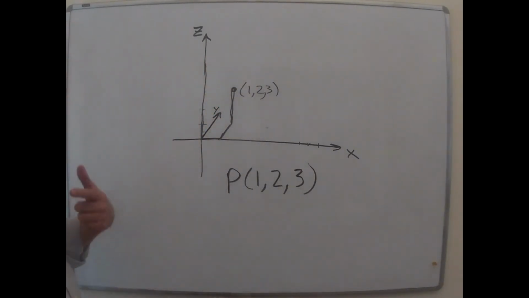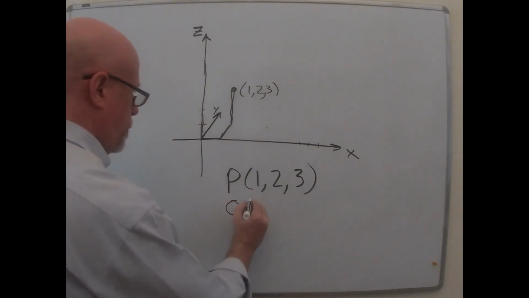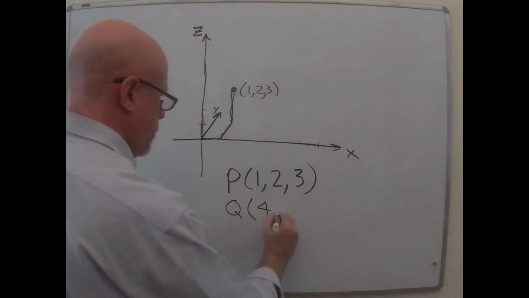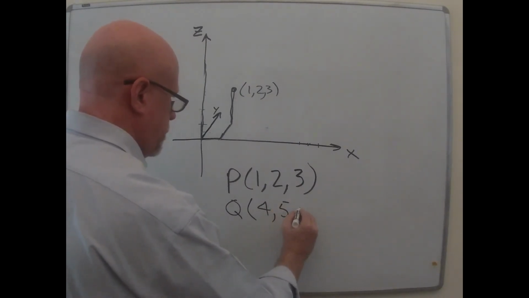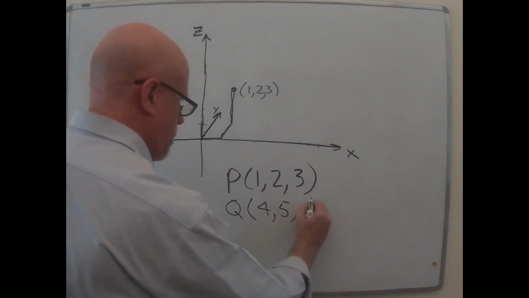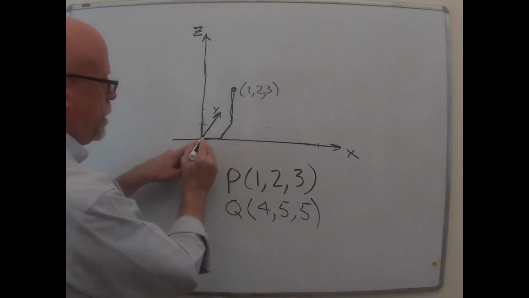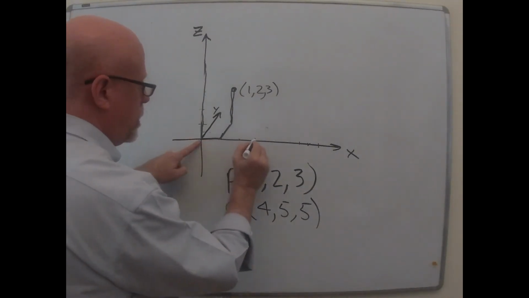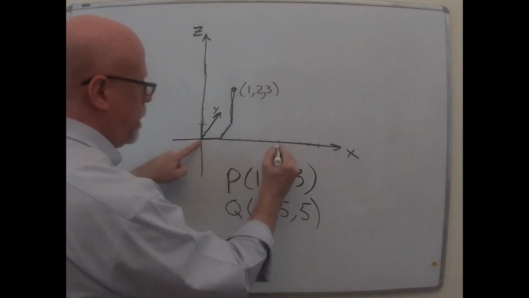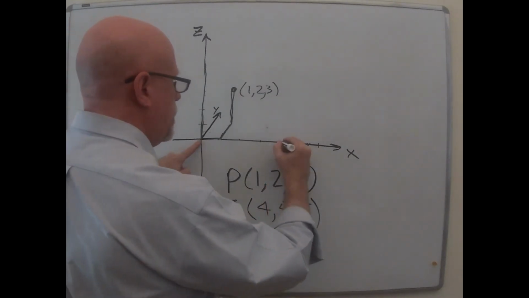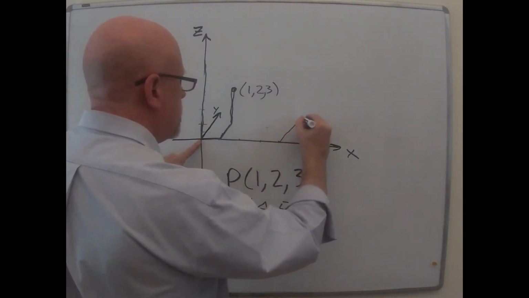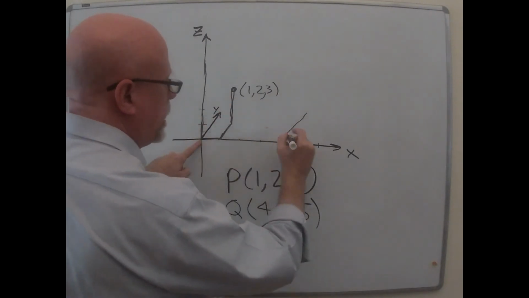Okay, let's try to get a second point on the board in front of us. How about Q is 4, 5, 5. So that would mean go out 4, that's to there, then go back 5, try to go parallel to that line, right?